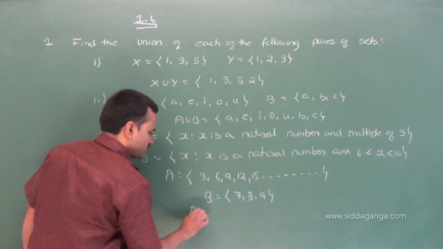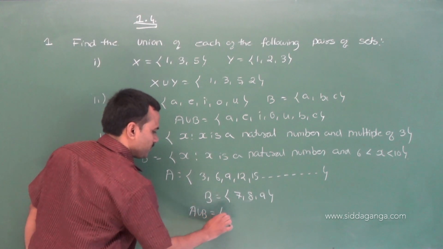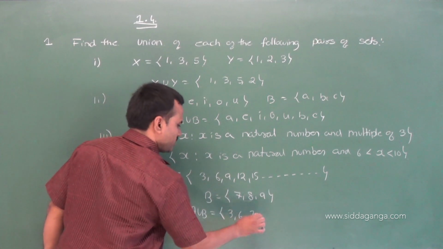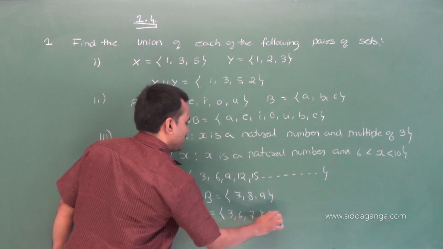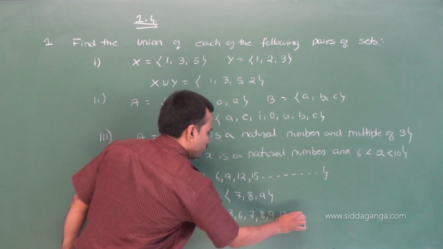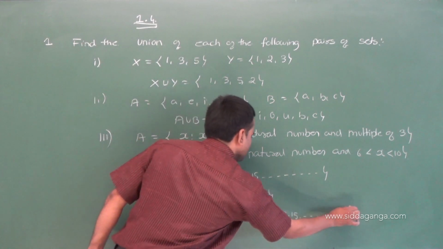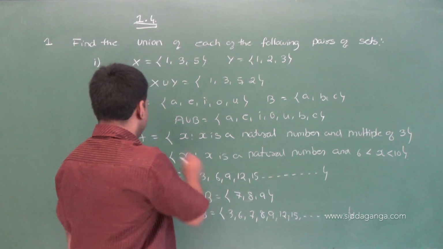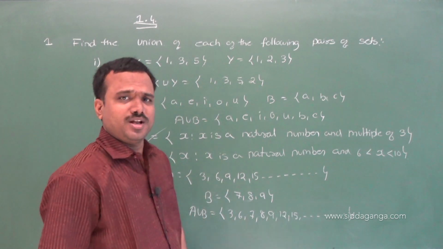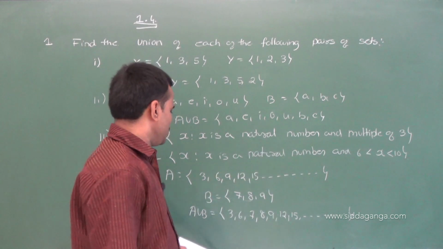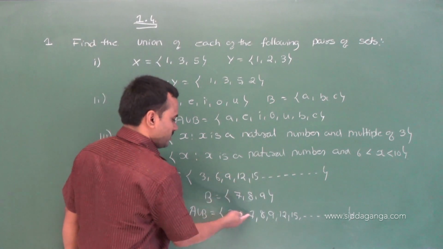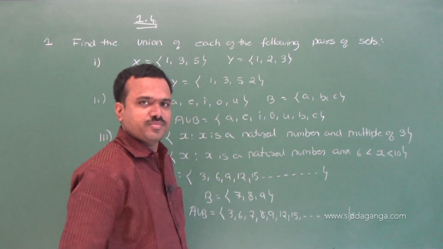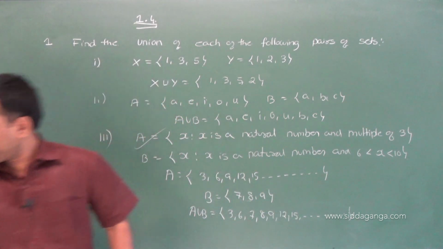Then we write the answer A union B: 3, 6, 7, 8, 9, 12, 15 and so on. It never ends. It is an infinite set because set A has uncountably many elements. That's why it is an infinite set. Understand? Next problem.